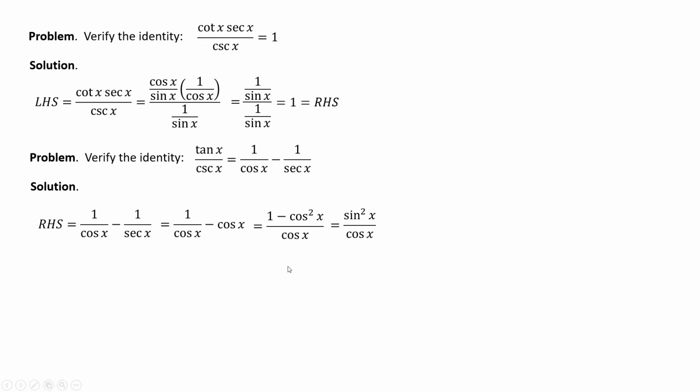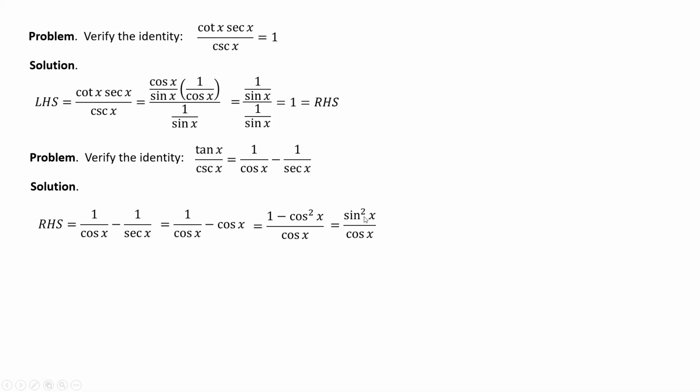Got it? And here is where, notice, you should always keep in mind what it is on the left hand side. We are at sine square x over cosine x, but the left one has a tangent x. Wait. Tangent x, isn't that equal to sine x over cosine x? Right?